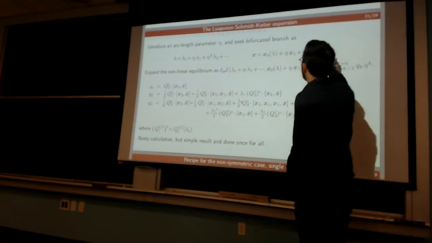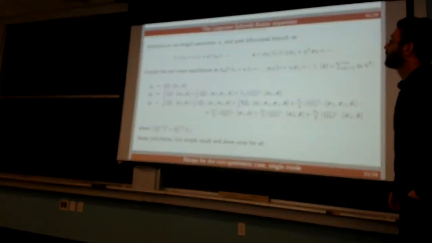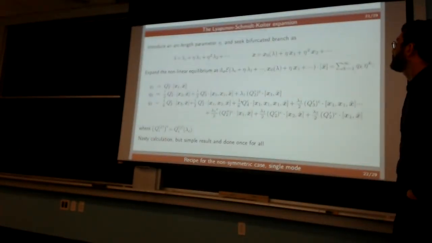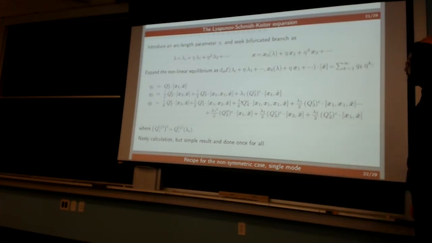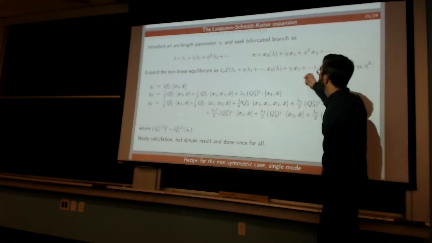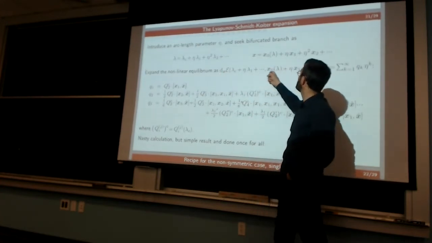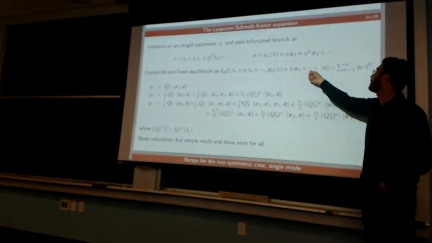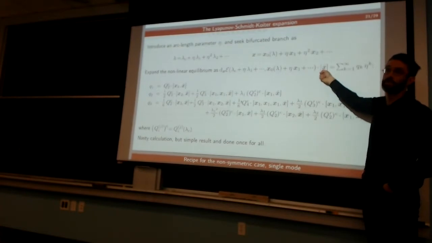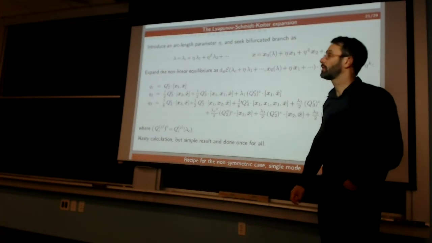Anyway, you come up with expansions for lambda and x, the parameterization of the bifurcated branch by this parameter eta. And now it's just an expansion problem. It's just calculating Taylor series. You want to satisfy the nonlinear equilibrium, which is the first variation of the energy, on this branch, right, for arbitrary increments. So it's just a nasty Taylor expansion problem.